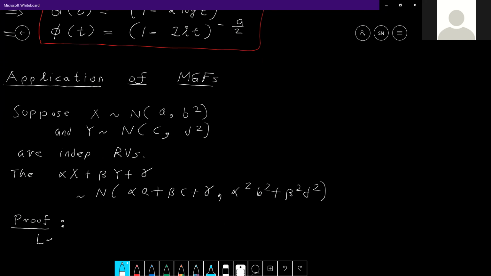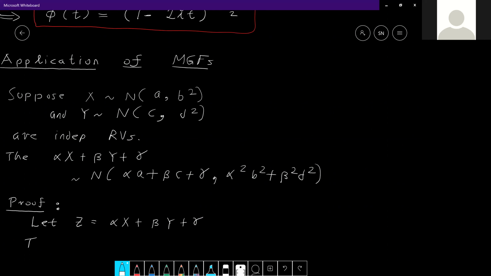Let Z denote alpha X plus beta Y plus gamma.